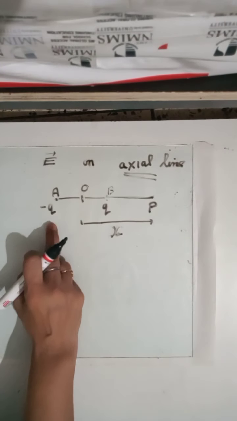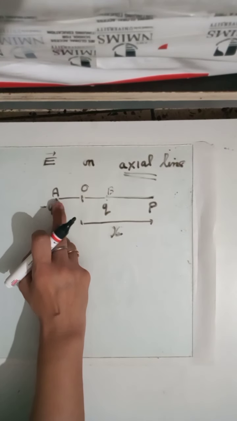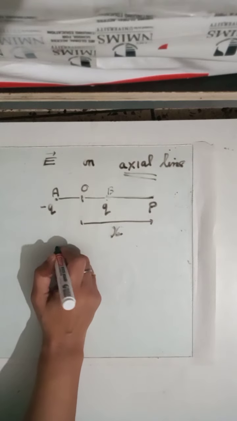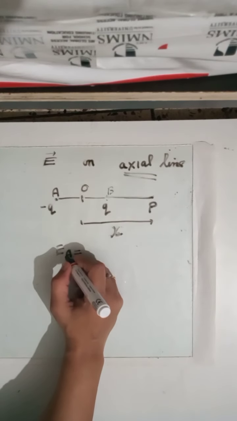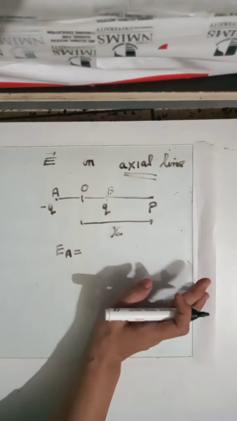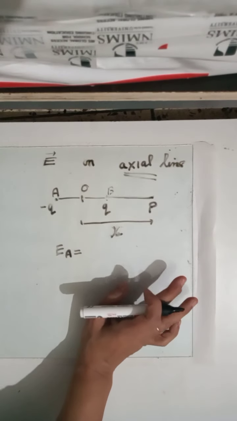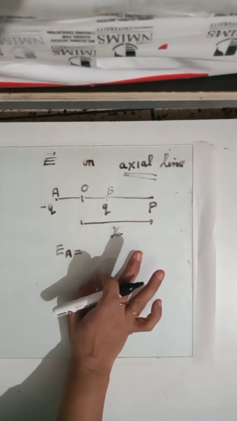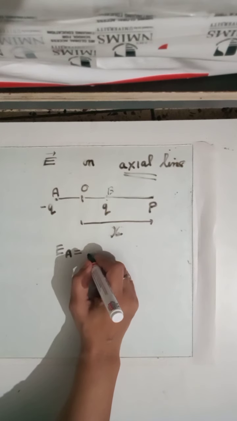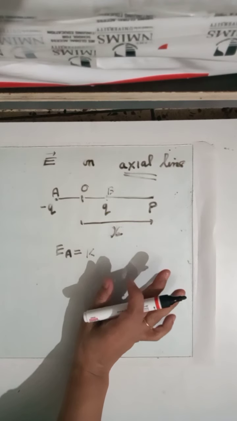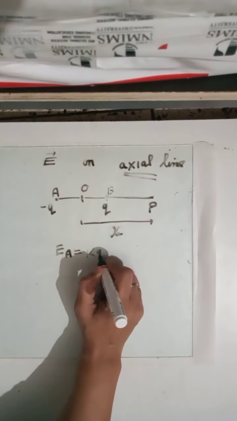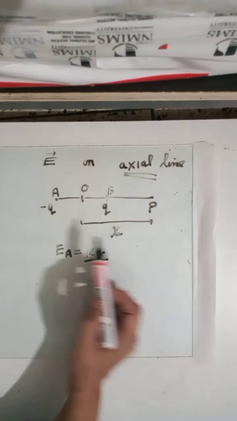First of all, the electric field due to the charge which is placed at A. That means you can determine this in this way. EA. What is the value of EA? You know the electric field due to a point charge is equal to KQ upon R square. Here K is the short form of 1 upon 4 pi epsilon naught. We have taken only the magnitude, Q upon R square. What is the value of R?